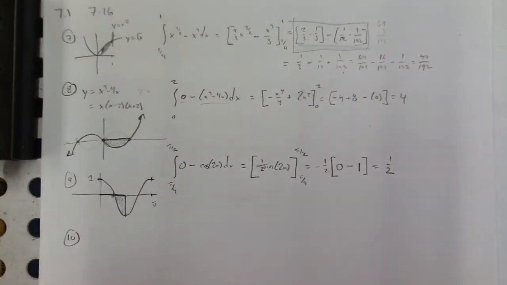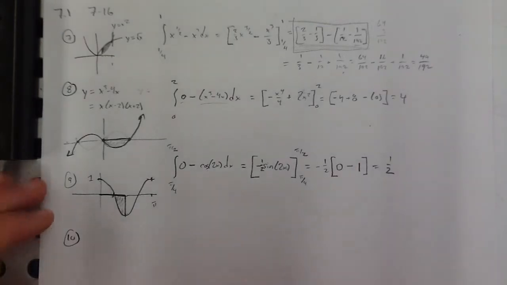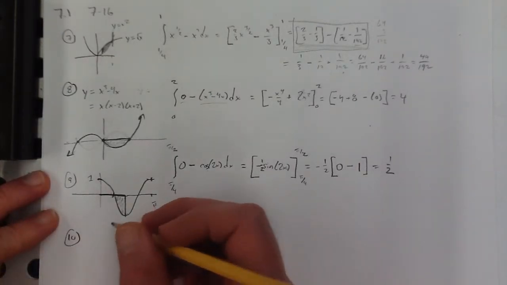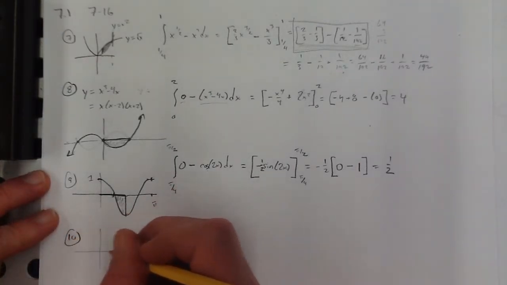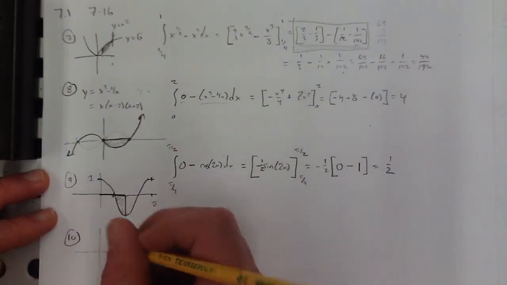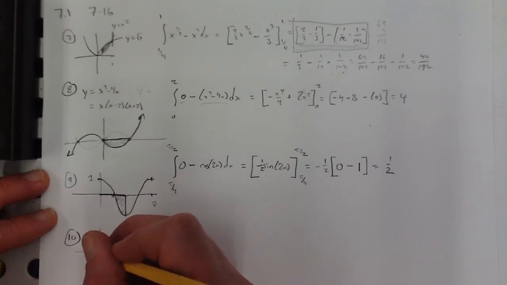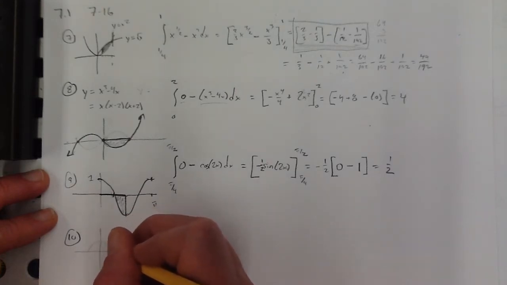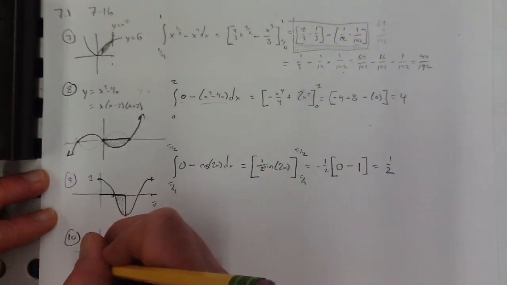Number 10. Y equals secant squared. Do you know what that looks like? Well, and where are we going from? Negative pi over 4 to pi over 4. So focusing just around here, here's the cosine curve, or part of it, from pi over 2 to negative pi over 2.